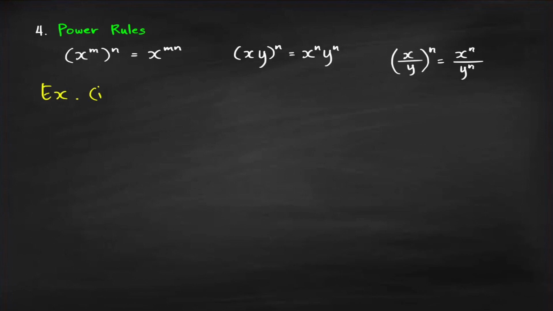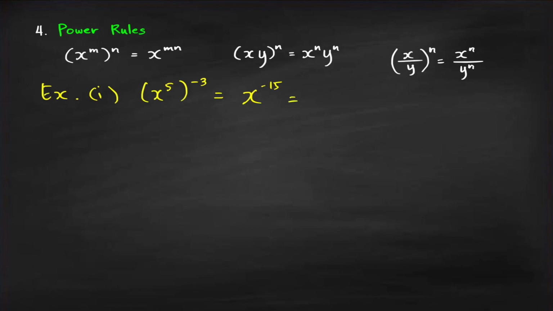Okay, first, if you have, let's say, x raised to 5 and then the whole thing raised to negative 3. So we have here base x that is raised to two exponents, 5 and negative 3. So using this first power rule, we can write it down as x raised to the product of the exponents, 5 times negative 3, which is equal to negative 15.